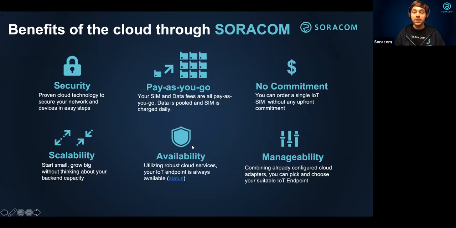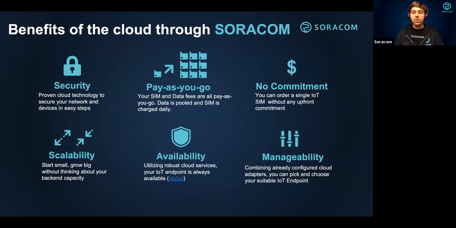And availability. Availability is a big thing for us in terms of our actual infrastructure, which I'll go over in a second. The part of our infrastructure that's built inside AWS is built to AWS best practices, so you have the high availability and redundancy there. But also in terms of availability, I like to consider your actual devices that are deployed in the field.